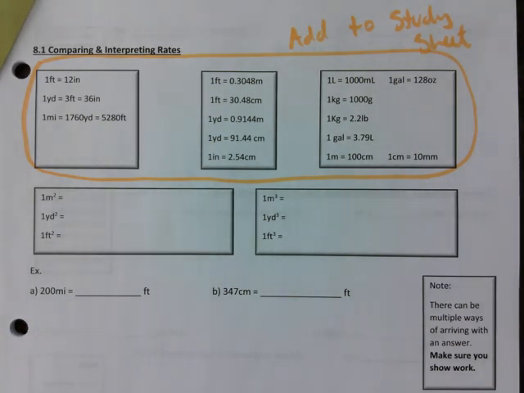And you can feel free on a test or quiz to say, Mr. Dixon, you never gave us this one. Come and see me, and usually if I ask a bunch of students and they all agree, I'll say, okay, this is what the conversion rate is.